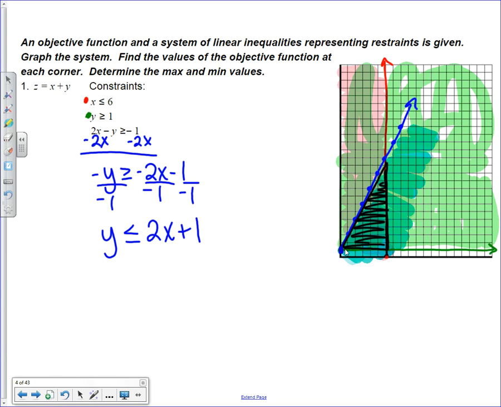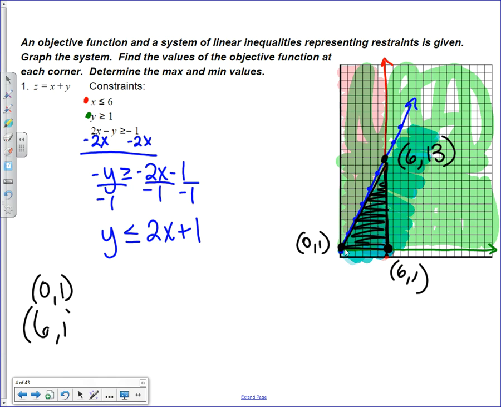So now, what are the critical points? What are the corners of those overlapping pieces? Well, that point right there is 0, 1. This point down here is 6, 1. And this point up here is 6, 1, 2, 3, 4, 5, 6, 7, 8, 9, 10, 11, 12, 13. 6, 13. So those are the numbers that I'm going to use for my objective function that I am going to plug in.